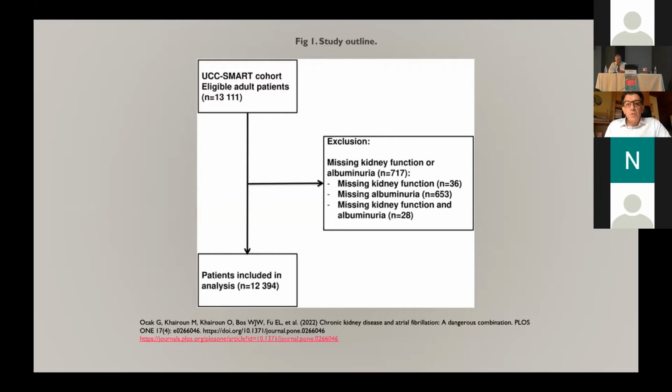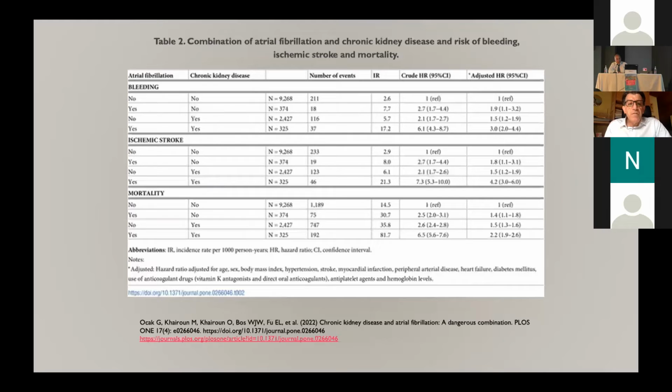There was a very big registry and study from Utrecht that gave us a lot of information about the combination of atrial fibrillation and chronic kidney disease. It shows that stroke, bleeding, and mortality are higher when we have both atrial fibrillation and kidney disease. This is what we have in our minds, but now we have the data to show it.